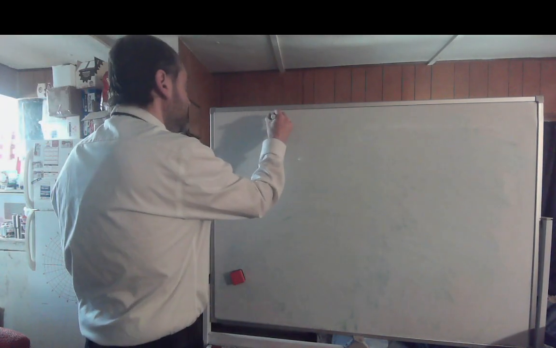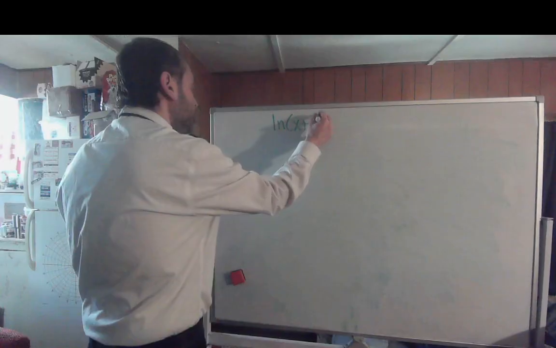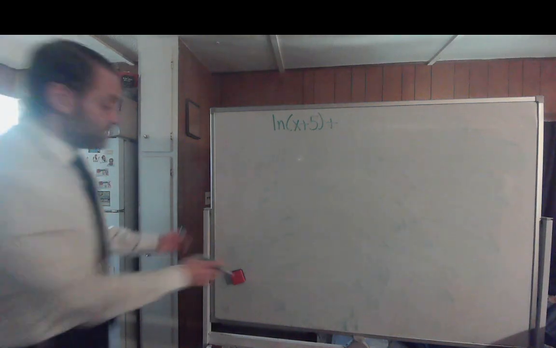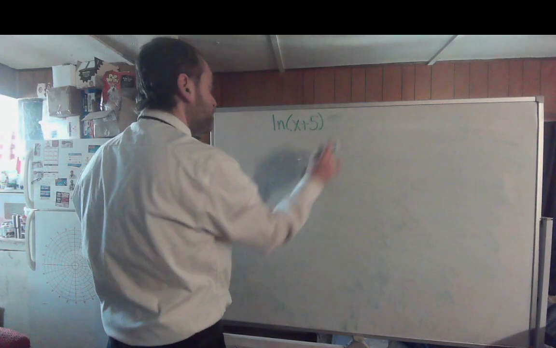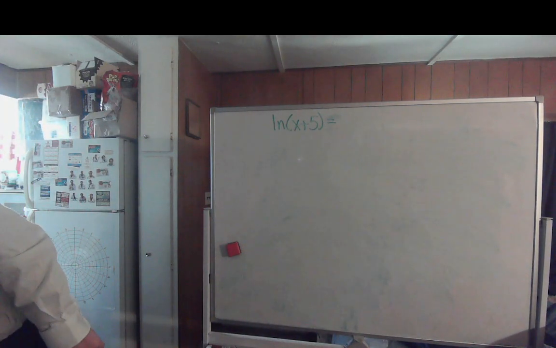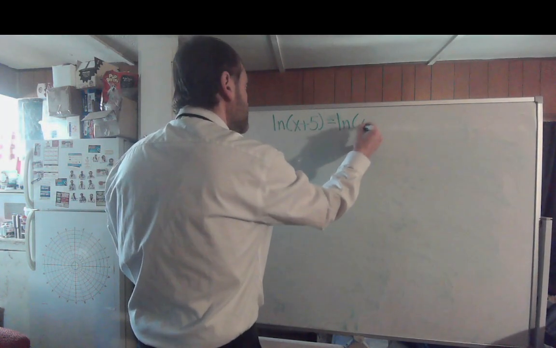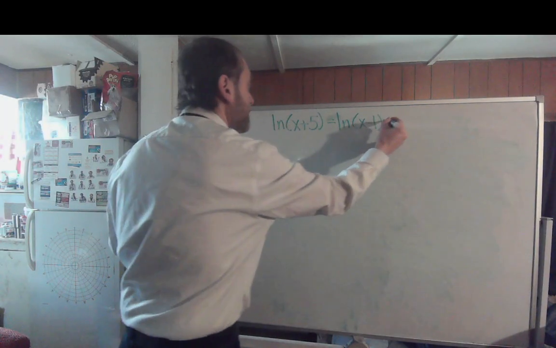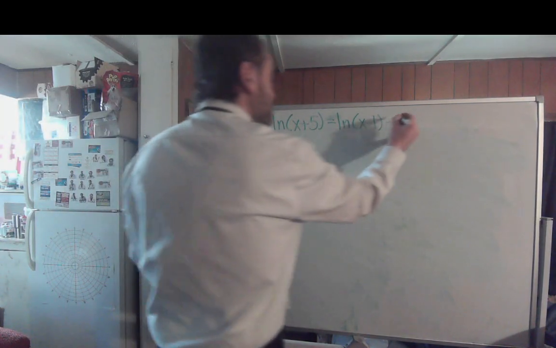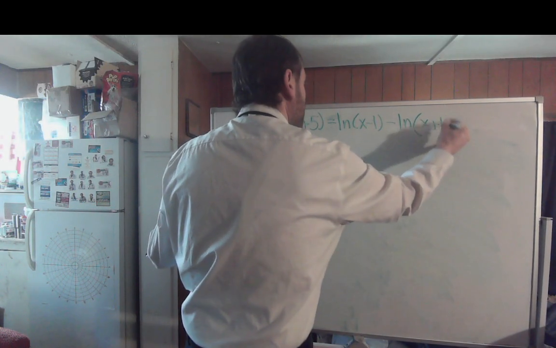Let's see. Natural log of x plus 5, no, it's not plus, it's actually equals the natural log of x minus 1 minus the natural log of x plus 1.